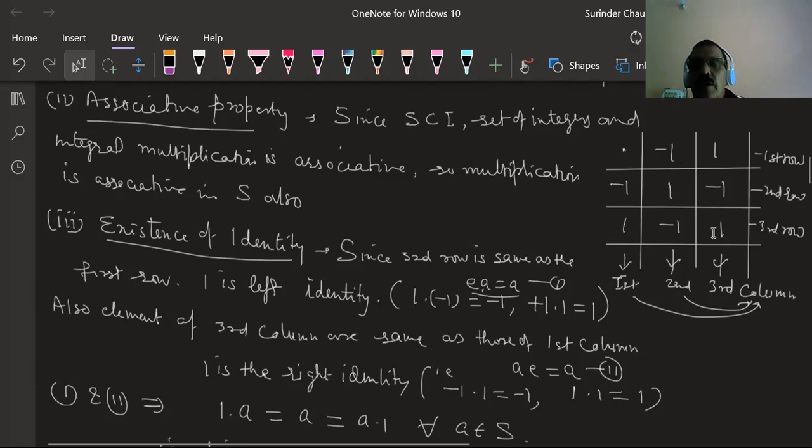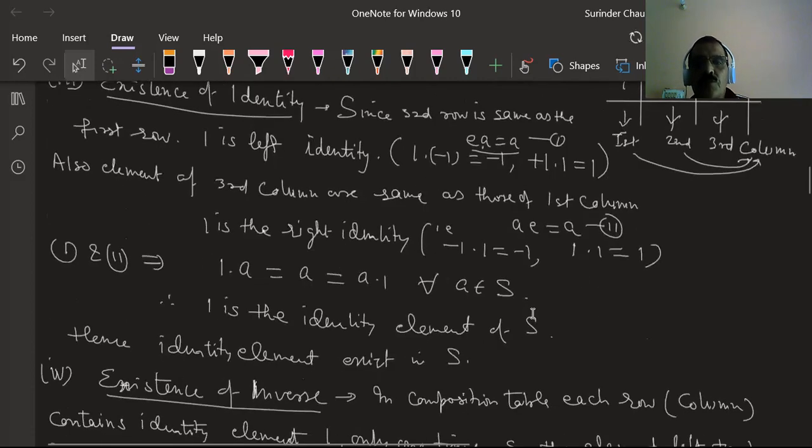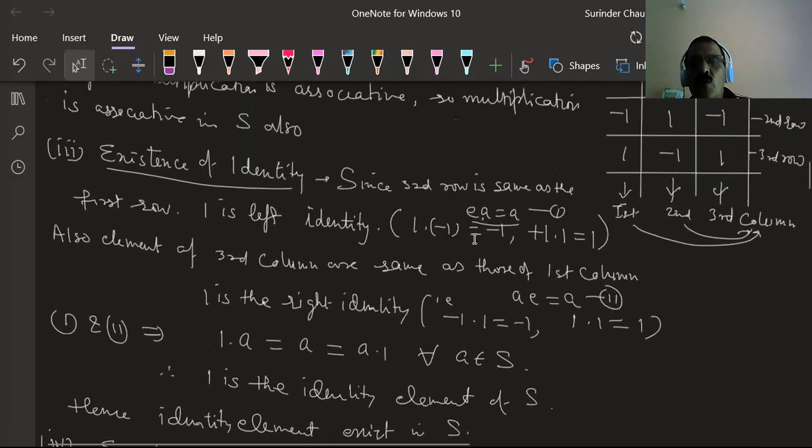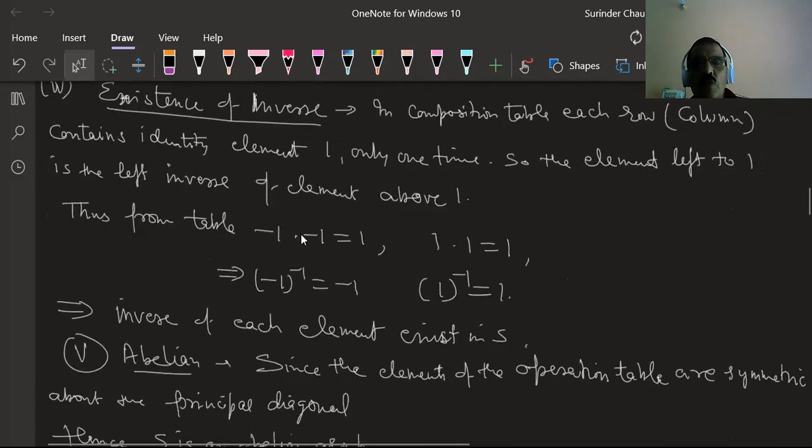So for this, 1 into minus 1 is equal to minus 1, and minus 1 into minus 1 is 1.